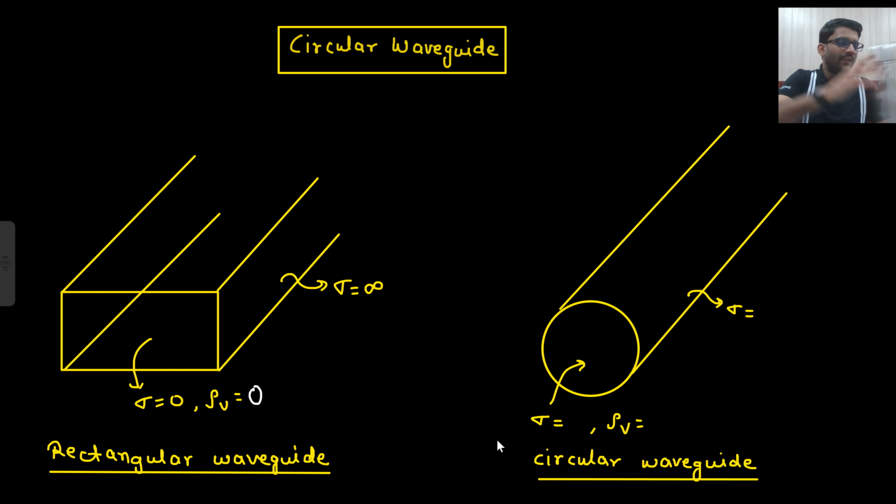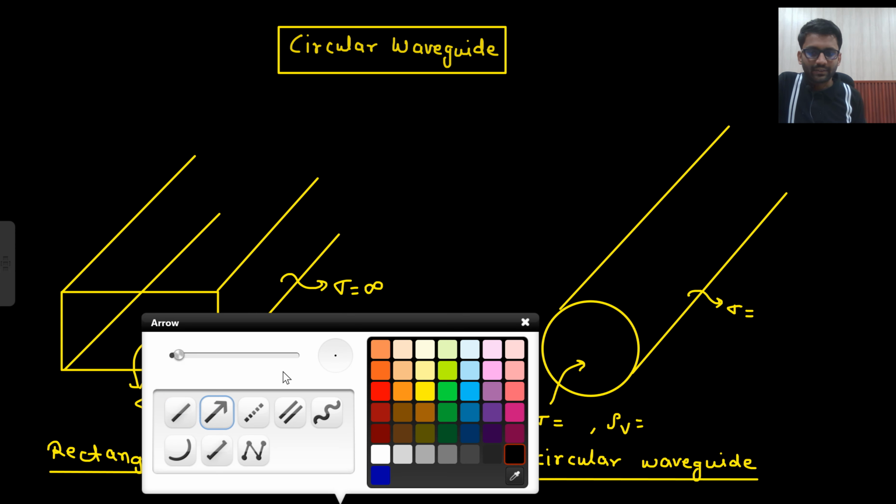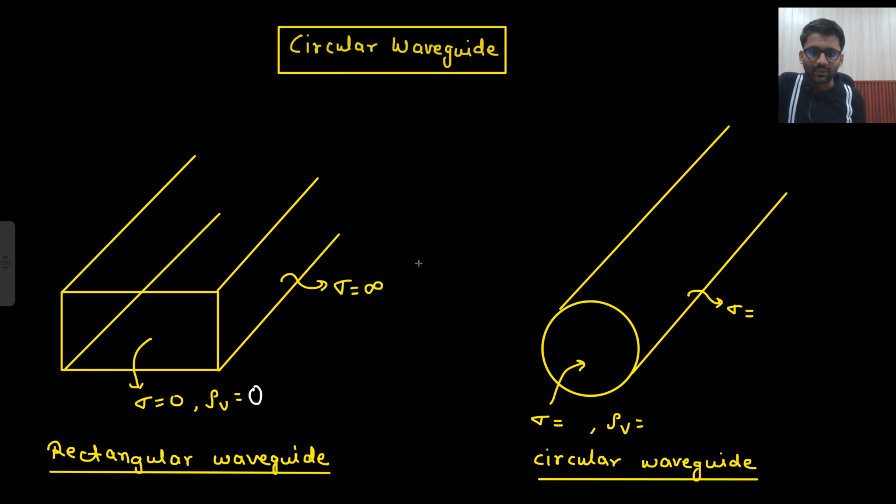In rectangular waveguide, which coordinate system did we use? We used x, y, z, right? So this we assumed as our x, this was our y, and this we assumed as our z. Here in the cylindrical coordinate system, what will we use?